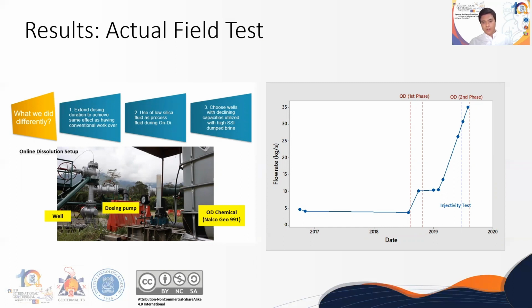Since the starting flow rate is already high, we can expect that the amount of chemistry that will be consumed is also higher compared to the first online dissolution phase. After 16 days of dosing and consuming 3,000 kilograms of the product, we were able to increase the flow rate from 26 to 35 kilograms per second.